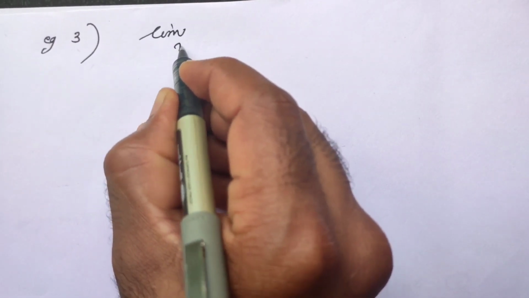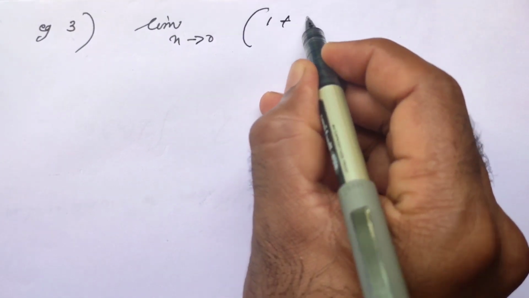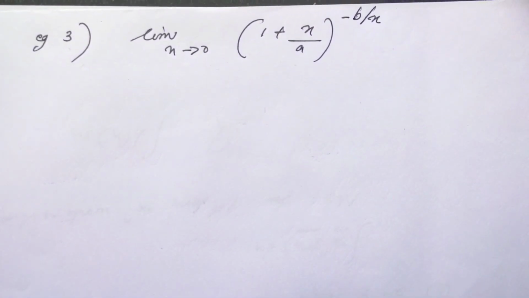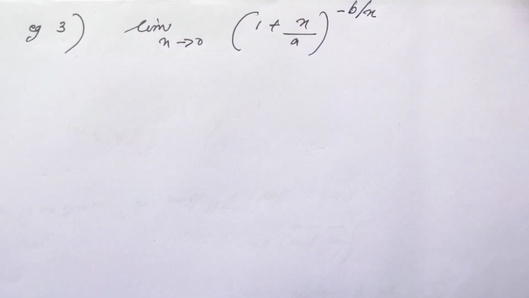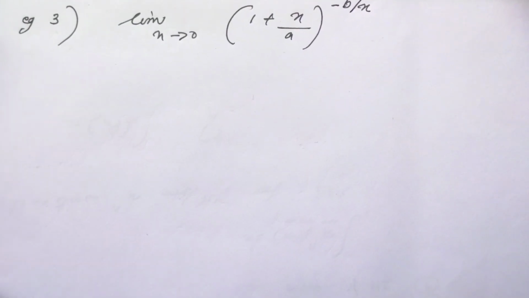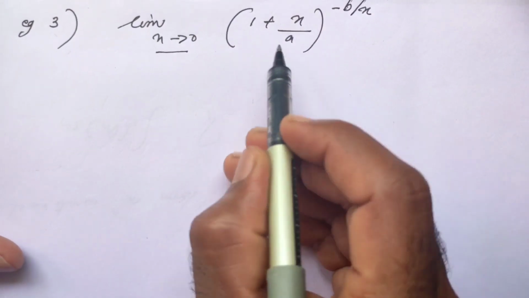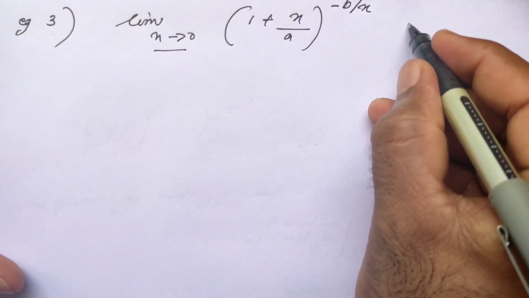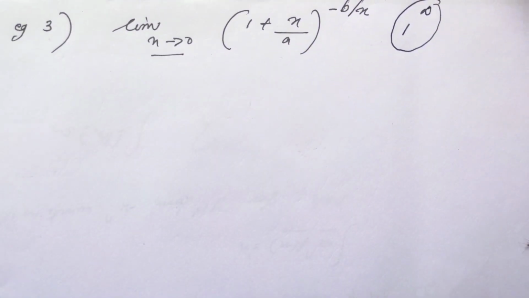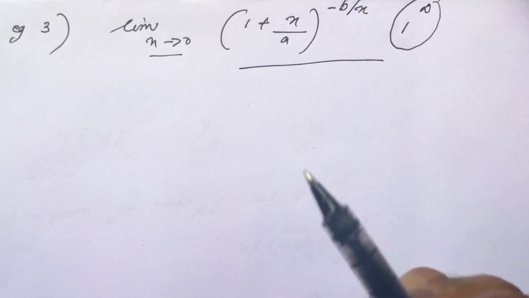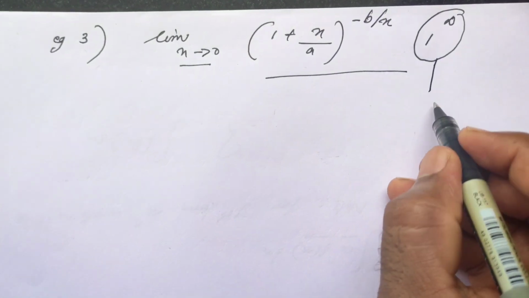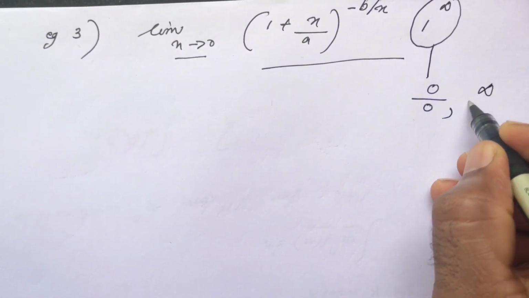Let's take a typical example. Limit x tends to 0, (1 plus x divided by a), the whole raised to minus b by x. And this question was asked in previous years of JEE and also for KEAM exams. So when we are applying the limit directly into the function, it is in the form 1 raised to infinity. So it is an indeterminate form, but we can't apply L'Hospital rule directly here, and we should convert this indeterminate form either into 0 by 0 or infinity divided by infinity form.